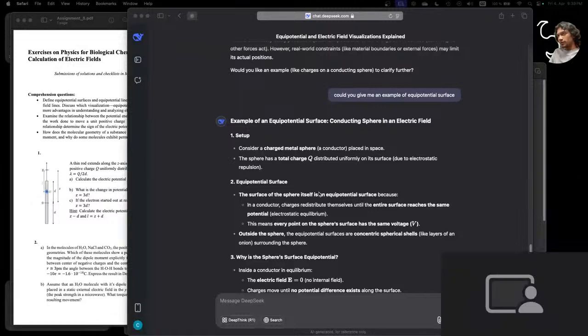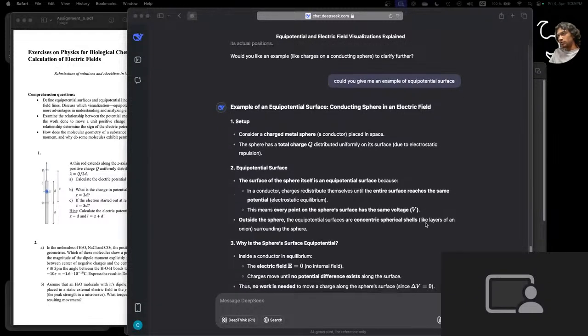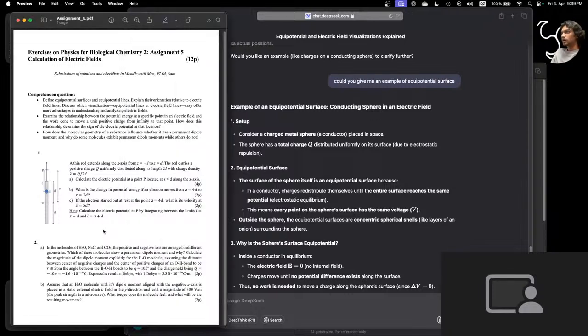The surface of the sphere itself is an equipotential surface because in a conductor, charges redistribute themselves until the entire surface reaches the same potential. Electrostatic equilibrium. A lot of terms. Okay.